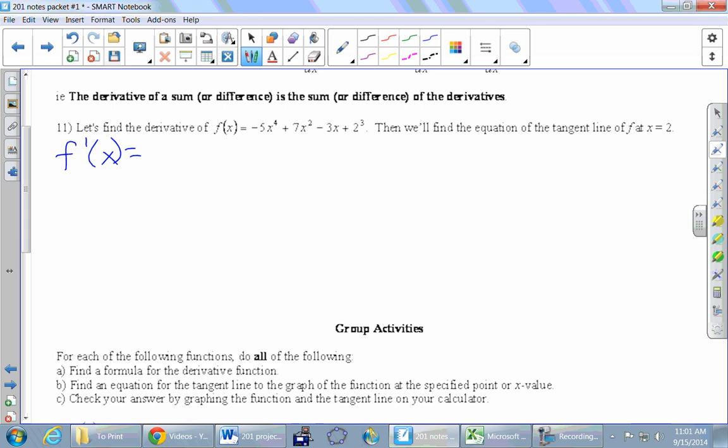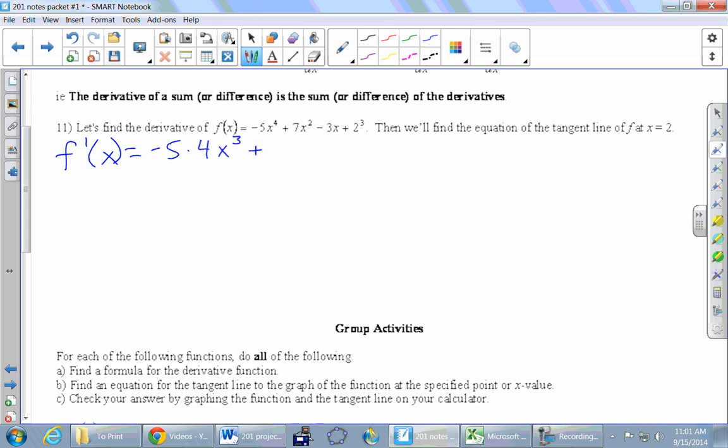We leave it. We copy it. Negative 5 times. And now the derivative of x to the 4th, we know what comes down. 4 x to the 3. Good. And then here's the new rule, plus. Because when you take a derivative of a sum, you're just doing them separately and then adding them at the end.